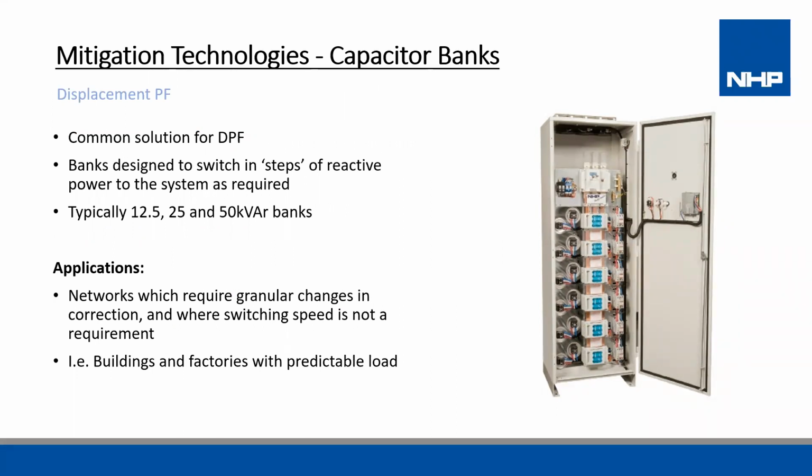They're designed to provide capacitive steps of various ratings, typically though at 12.5, 25 and 50 kVAR banks or steps. Applications include buildings and factories with predictable loads. That's key there. The capacitors in this system are switched in and out using contactors.